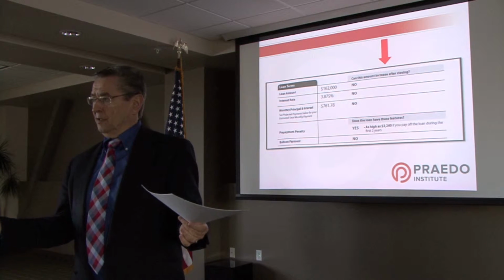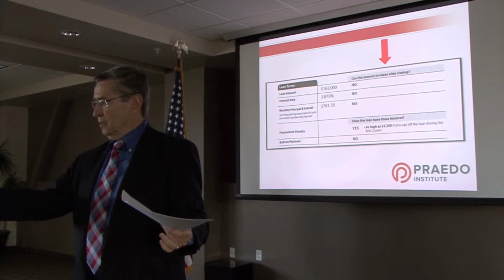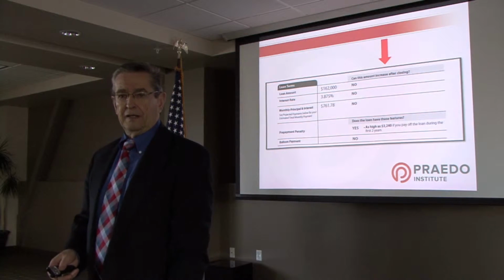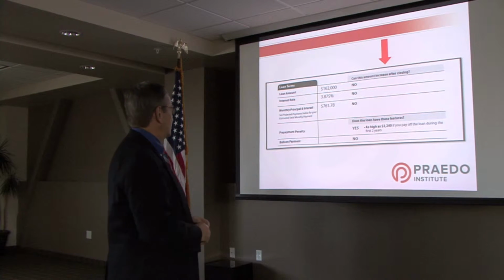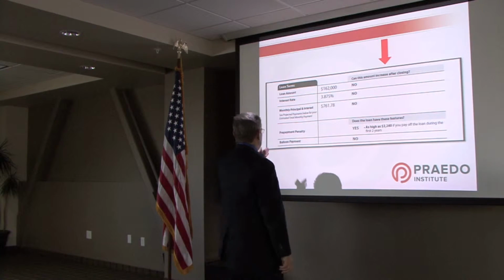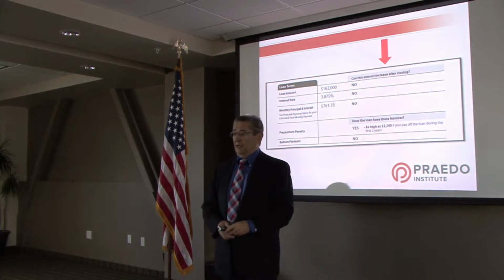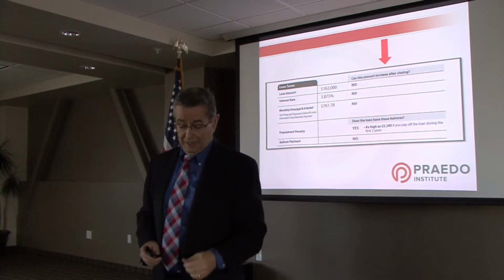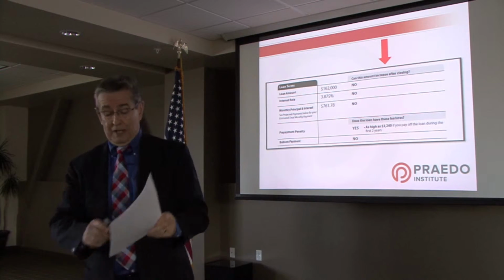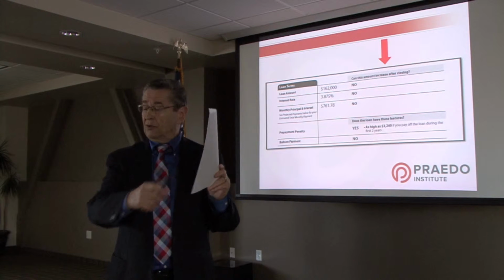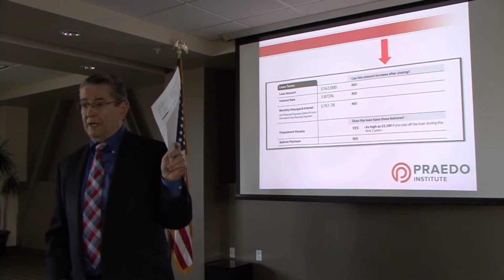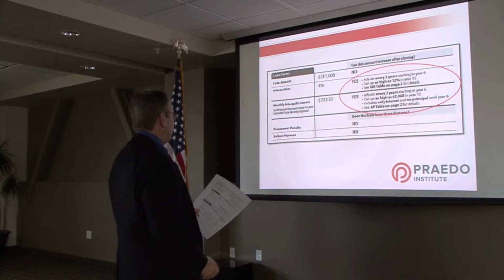It's locked. It's a fixed rate. Yeah. And it's locked in. And that's what the borrowers can count on. Prepayment penalty, well in this case they're saying that it has one, and then it gives you the parameters of what the prepayment penalty is and how much it can be. So right there at the top, we're giving you a lot of information about what this loan is all about.